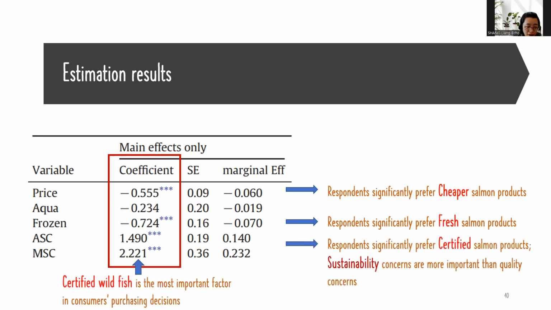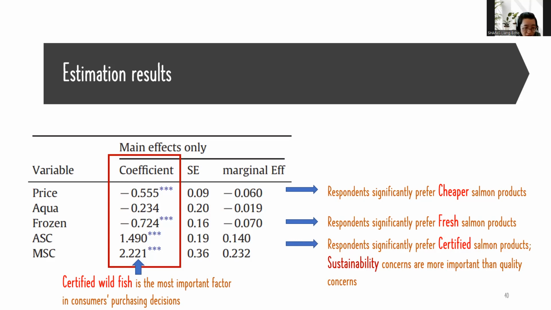And similarly, if we look into the certification attributes, the ASC certification or the MSC certification, we can interpret the results as respondents significantly prefer certified salmon products because both coefficients are positive, which means that they dislike having no certification at all. They prefer certified salmon products.